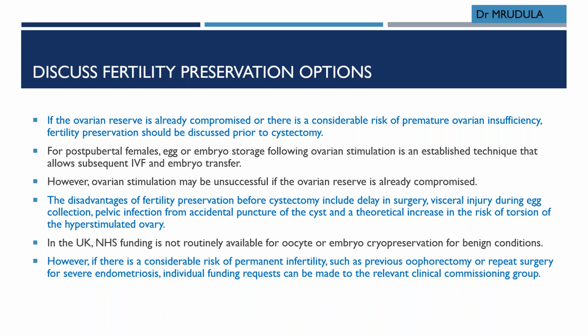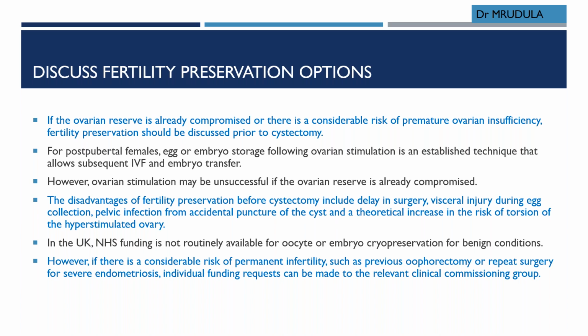Now coming to the funding, in the UK, NHS funding is not routinely available for oocyte or embryo cryopreservation in case of benign condition. For malignancy, funding is available for fertility preservation, but for benign condition it is not routinely available. But if there is a considerable risk of permanent infertility, like previous oophorectomy or repeat surgeries in case of severe endometriosis, you can consider individual funding requests.